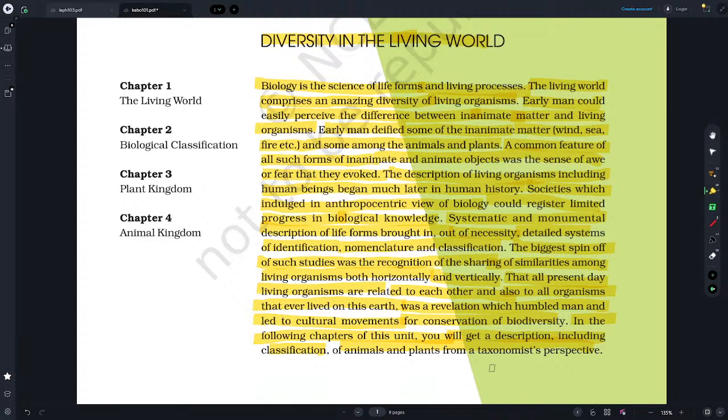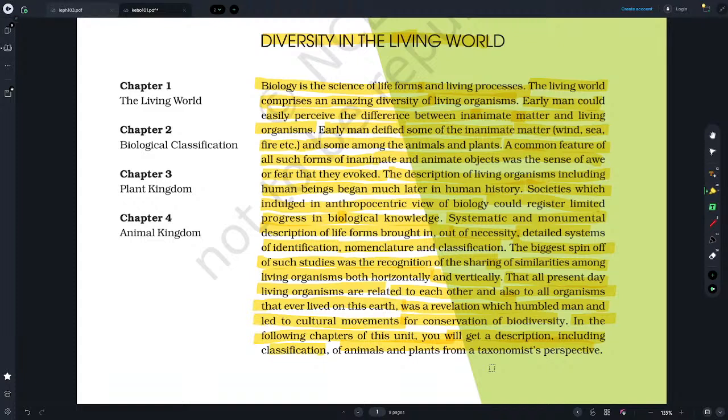A common feature of all such forms of inanimate and animate objects was a sense of awe or fear that they evoked. If you see an apple, you like to eat it. If you see a lion, you will run from it. That is the sense of awe or interest or fear which you will be made to run from.